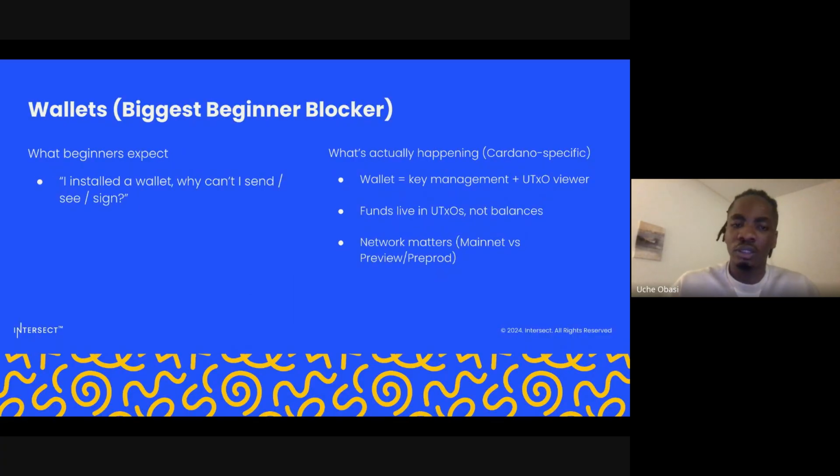So for wallets, wallets are one of the biggest tools that developers use in the blockchain space, right? Especially within the Cardano ecosystem, everyone builds a wallet, everyone creates a wallet. So it's very, very common, right?